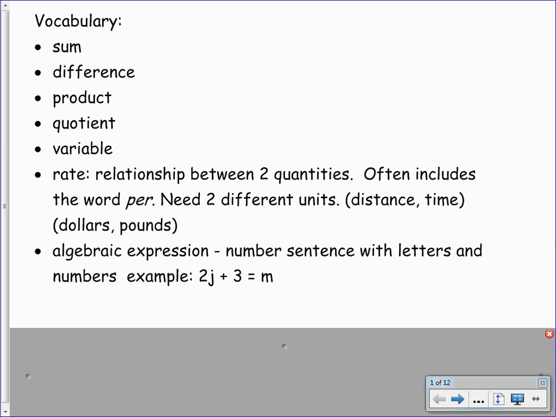It's all kind of meaning the same thing. And an example of it is 2j plus 3 equals m. They might give you that and then say, find what m equals when j equals 4. So then instead of that j, we can put in a 4 to figure out what m equals.